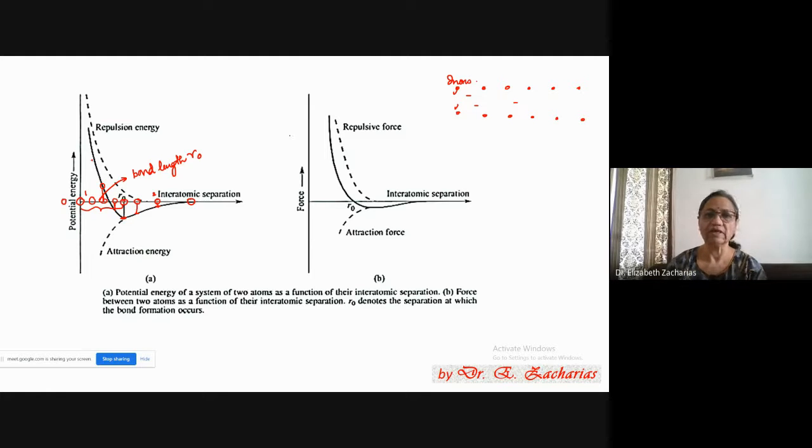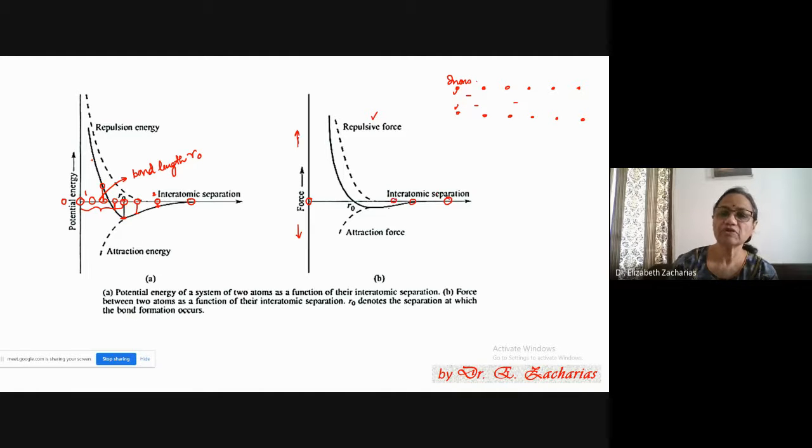Now, let us look at the same thing in terms of force. Here, the positive force is repulsive, and the negative force is attractive. If I'm talking about two oppositely charged ions at a great separation, what is the force? The force is zero. There is no interaction between them. Now bring them closer.